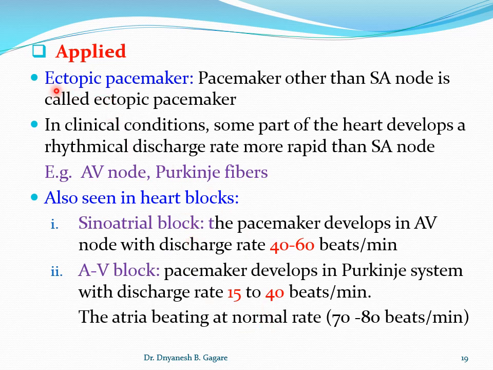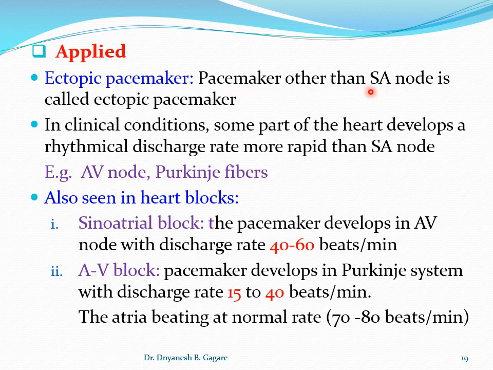So first is the ectopic pacemaker. What is an ectopic pacemaker? The simple answer: a pacemaker other than the SA node is called the ectopic pacemaker. What is the normal pacemaker?